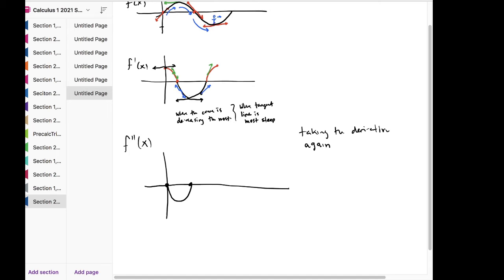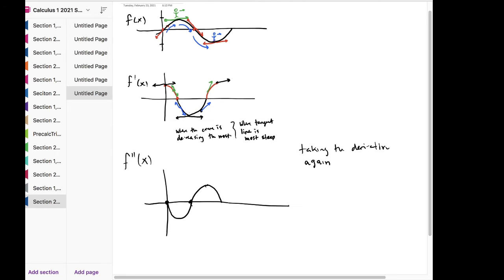They're positive. But what happens when you complete the curve? It goes back to 0, correct? Okay, so this would be the derivative of the derivative, right? So what does this tell you? How much is the derivative changing?